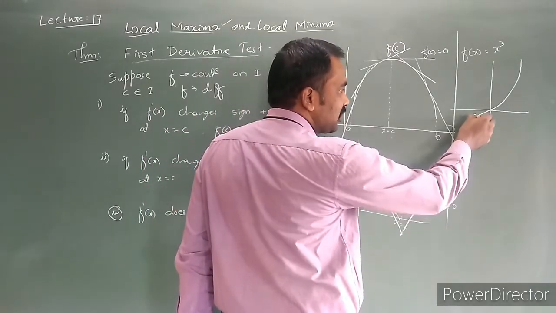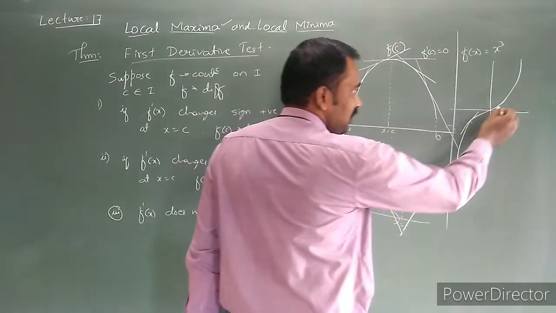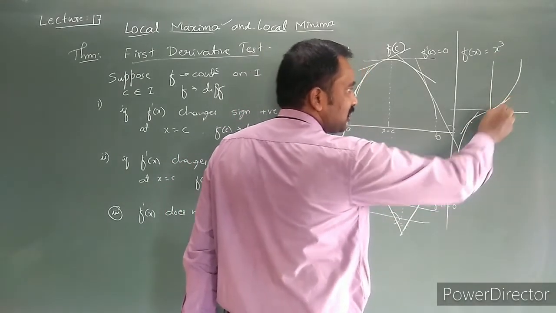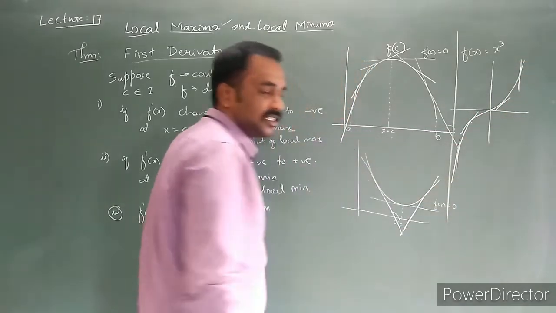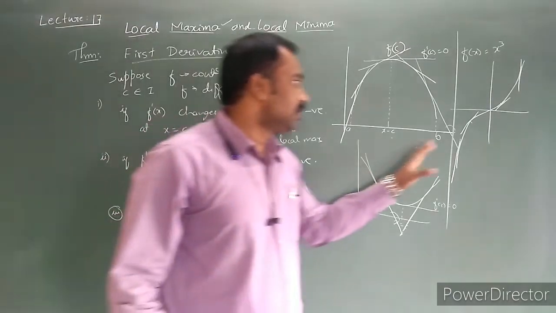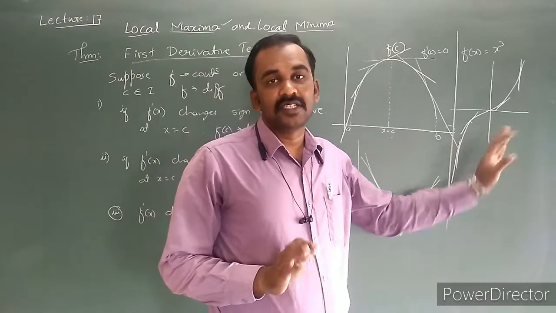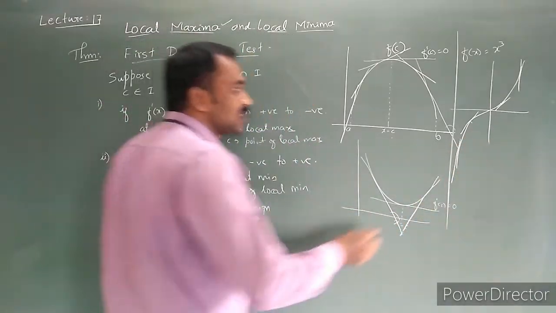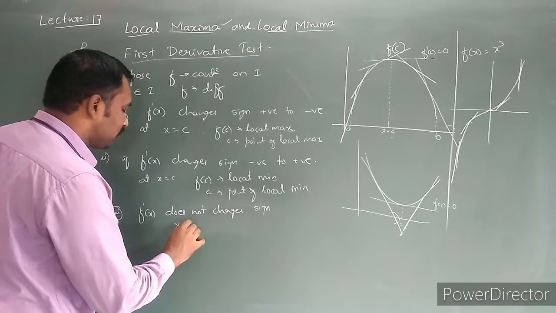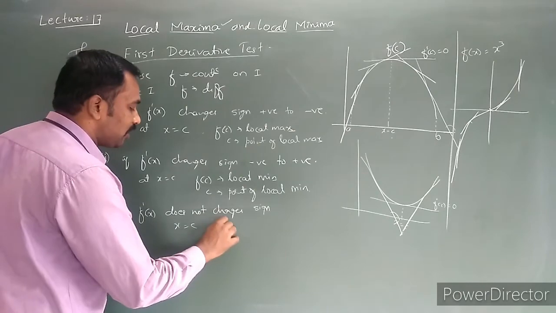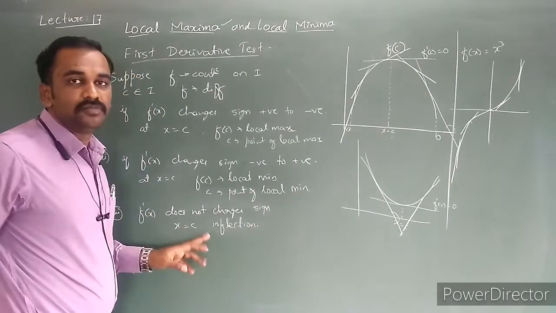At this point, the slope of the tangent is positive. Throughout its domain, f dash of x, the slope of the tangent, does not change its sign. In such a case, at x equal to c, that point is said to be a point of inflection.